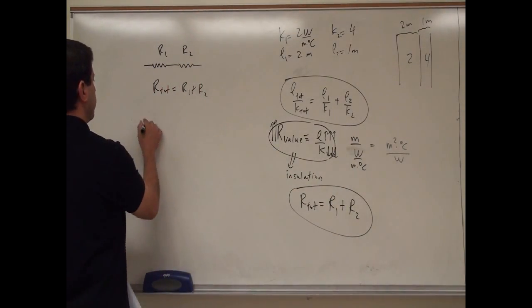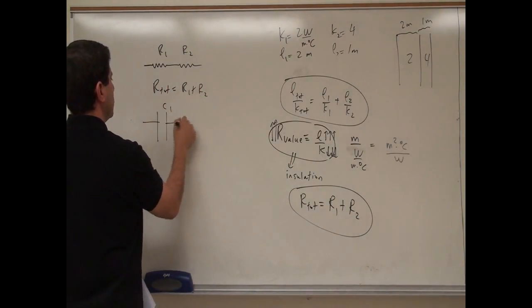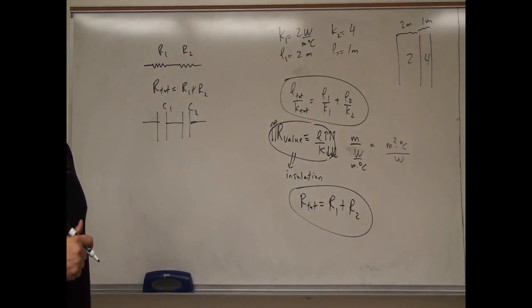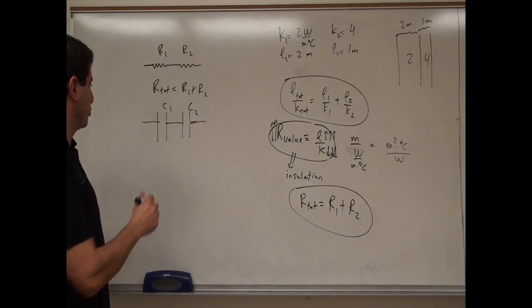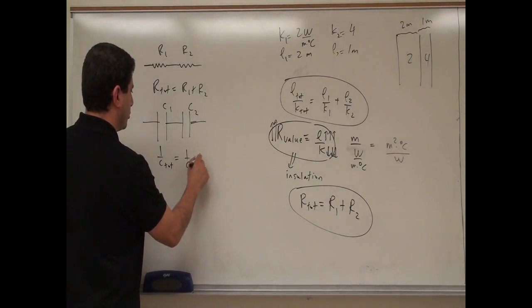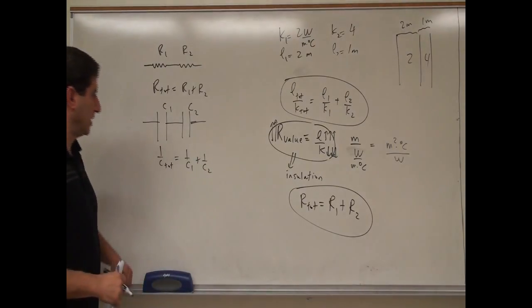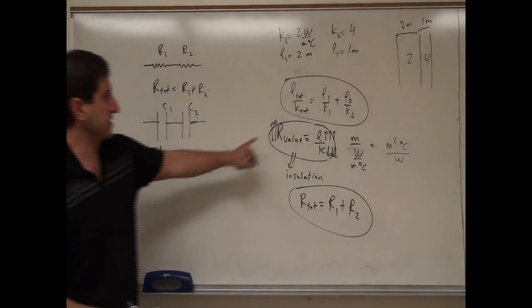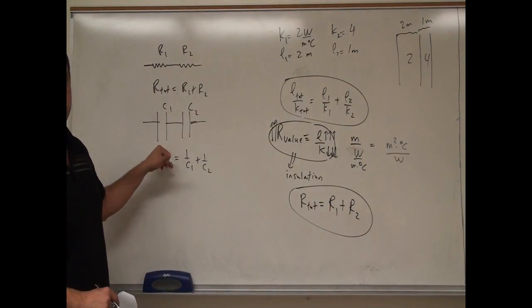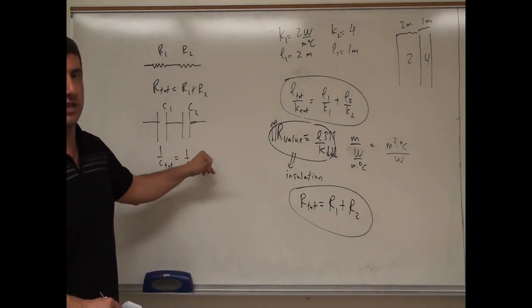Now, how about capacitors in series? C1, C2. You can look at the video where I explained how capacitors add up in series. You will see that capacitors add up like this: 1 over C total is equal to 1 over C1 plus 1 over C2. So you can see here that it resembles how conductors add up in series. The only difference is that there is no such thing as L total, L1, and L2.